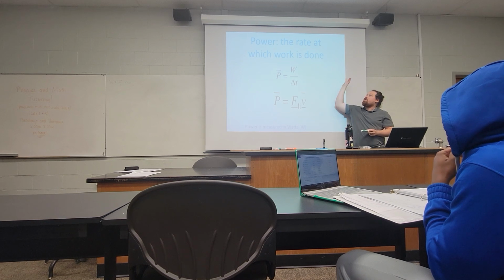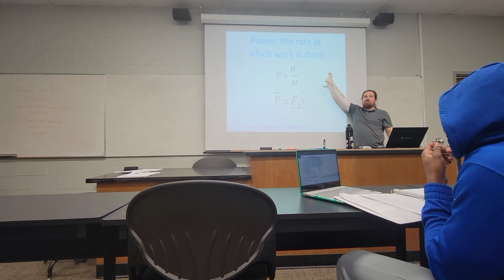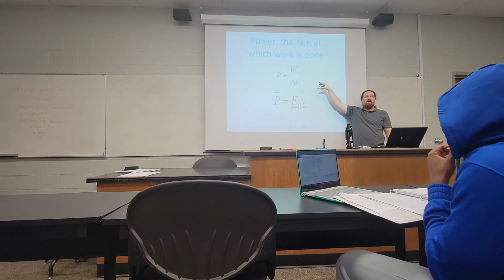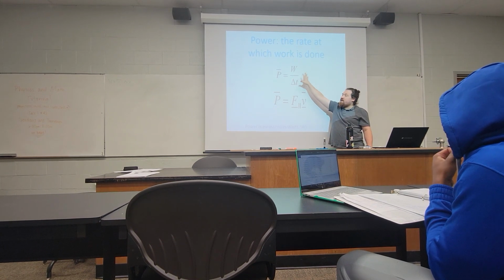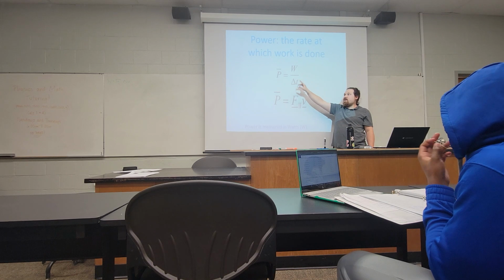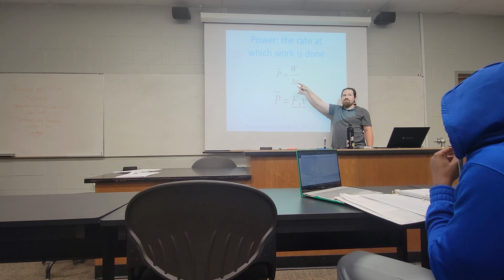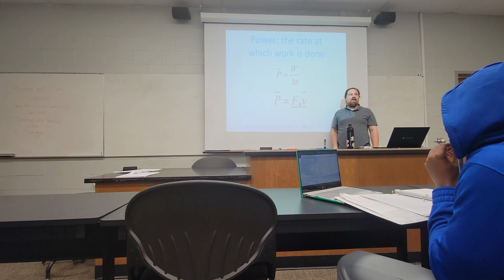So again, the rate at which work is performed, and that's why the formula is work over time. If you can do something in a short amount of time, that will increase your power output. Whereas if something takes you longer and you're dividing by more time, your power output drops.